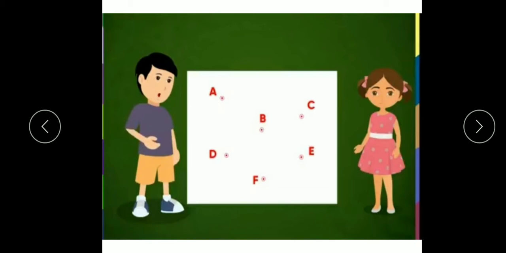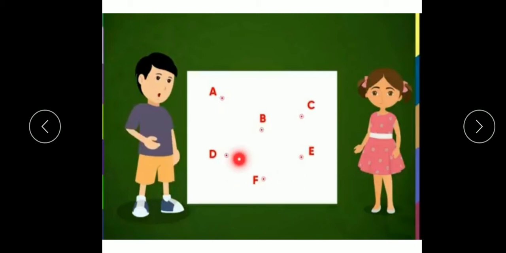So we have given names to these points. This is your point A, this is your point B, this is your point C, point D, point E and point F. Right? So these are just tiny dots which are drawn on a page. Now children, can you tell me where is point F?